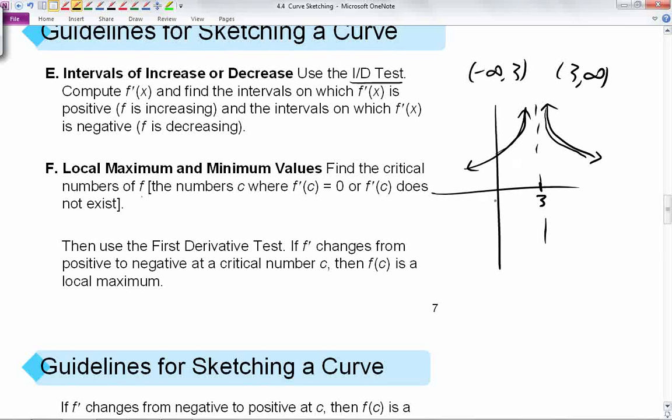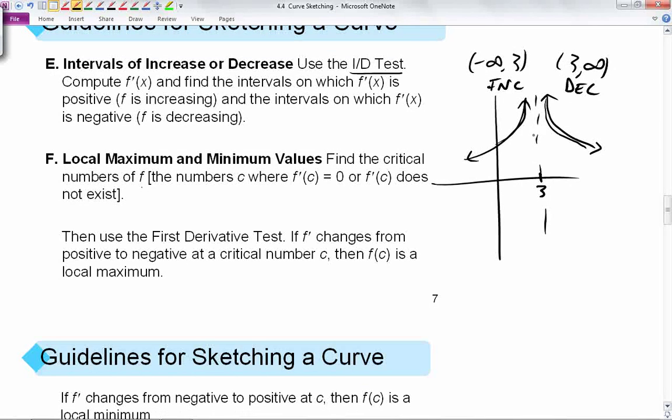However, even though the function is increasing here and decreasing here, do I have a local maximum? No, because the function does not exist at x equals 3. So there is no point to be that local maximum. Both sides of this are going to infinity. Okay, the function value is going to infinity on both sides of 3.